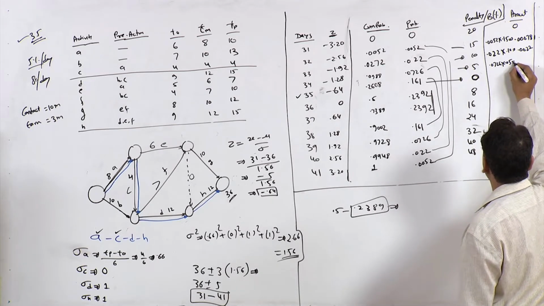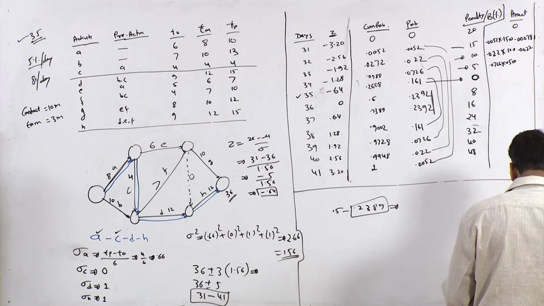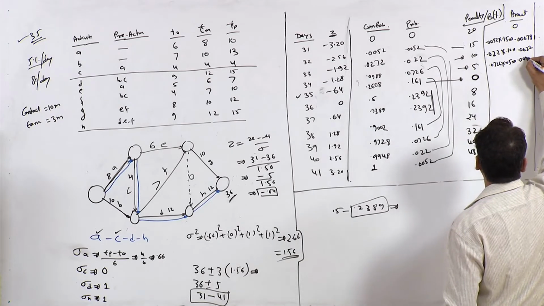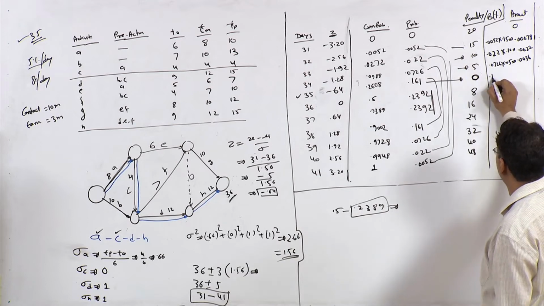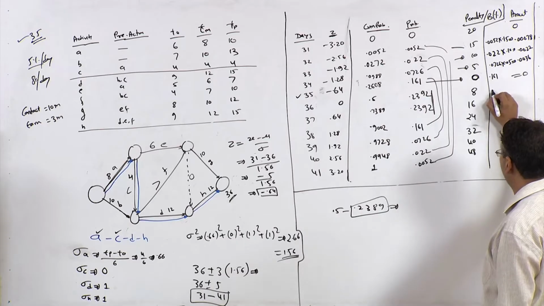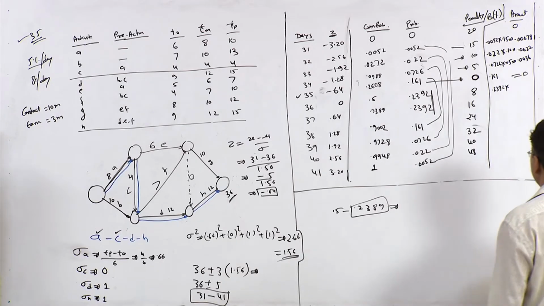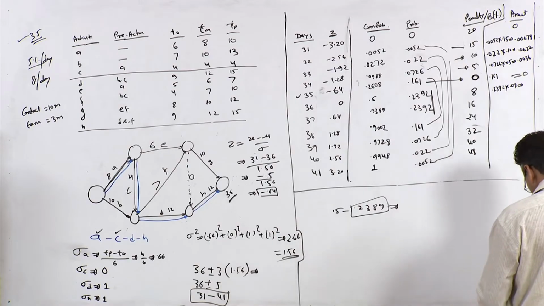So this would be 0.0036, right. The next one would be 0.161, of course this is 0. Then 0.2392 into 0.08, right.